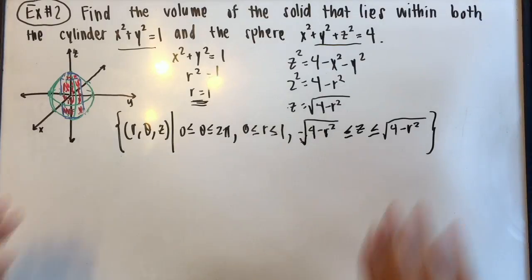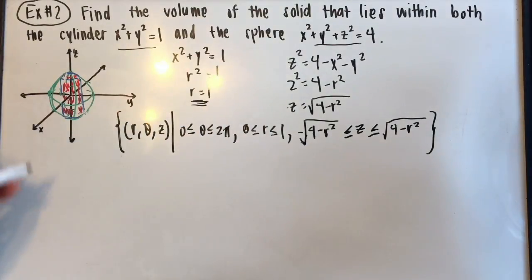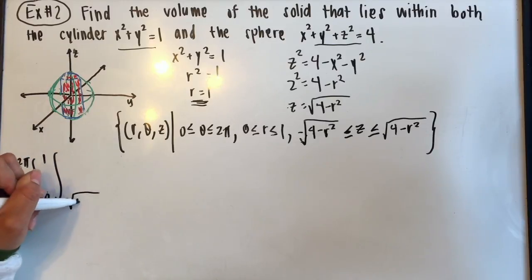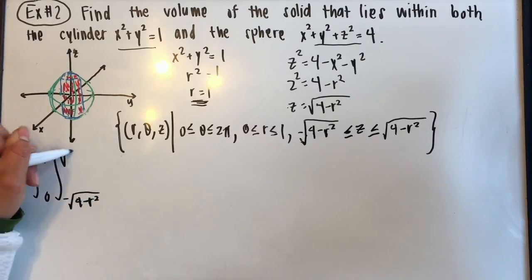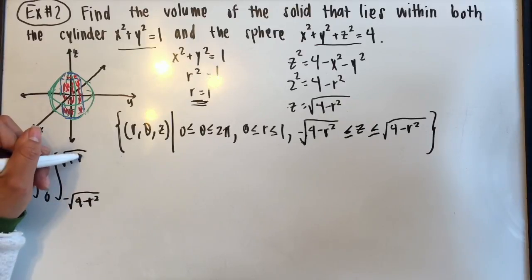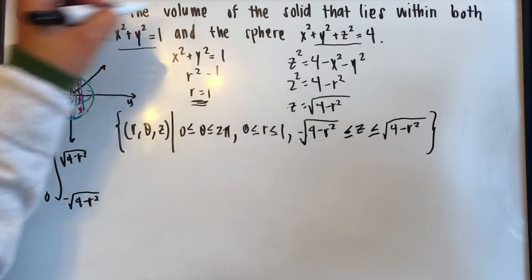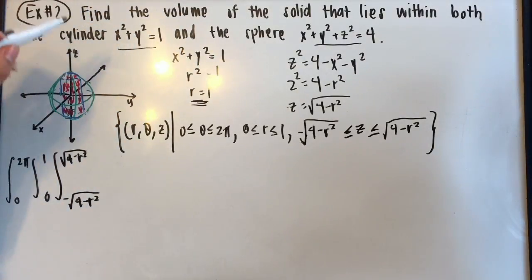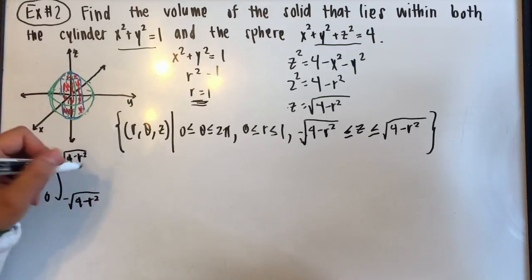All right, so now that we have this, we can put it into our integral. Let me rewrite our integral. It's going to be from 0 to 2 pi, from 0 to 1, negative square root of 4 minus r squared to positive square root of 4 minus r squared. And as you can see, a function is not given, so there isn't a function for us to write here.